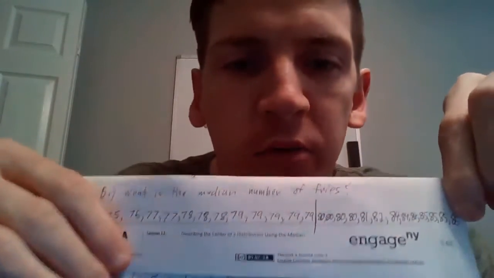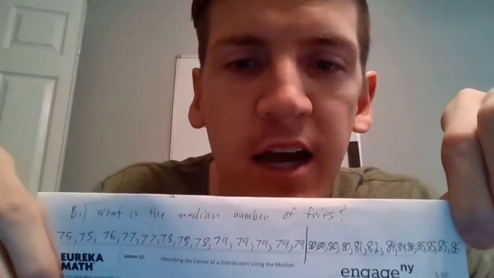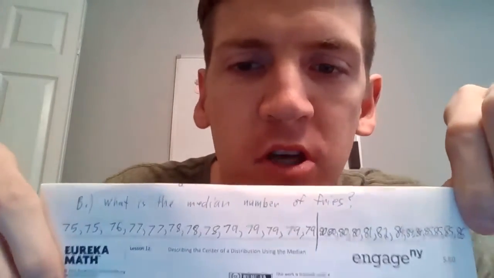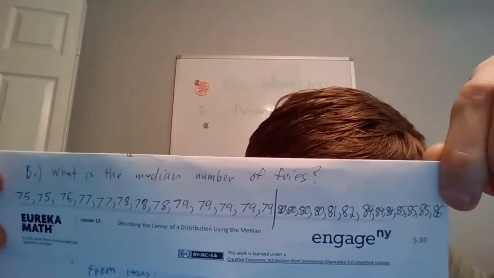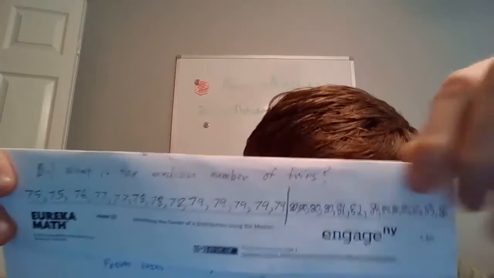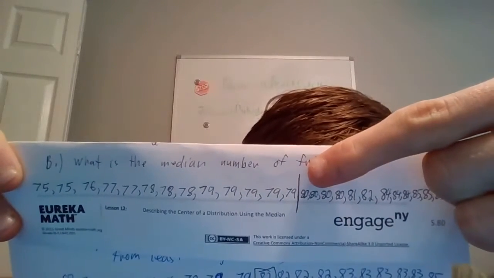And I want to find the median. So here's what I did. I'm going to probably leave it on both parts of the notes because this will help you on the homework a little bit too. So notice how I put a line right in the middle of this data.